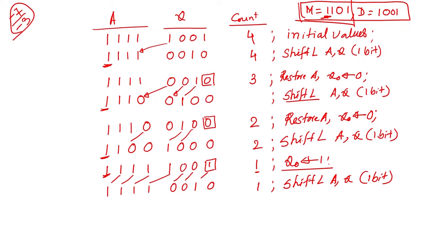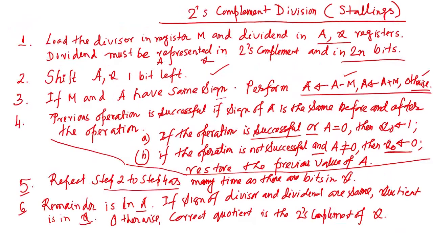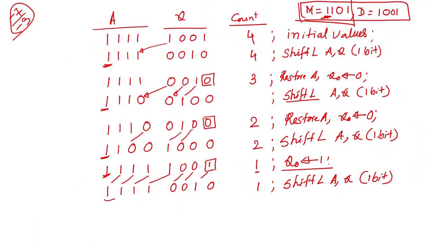Then what next? Shift left, okay, you go back. If A and M have the same sign, then perform subtraction, otherwise add it. This sign and this sign are the same. So, then what you have to do? You have to subtract. Subtracting is the same as taking 2's complement, you add it. So, 0 0 1 1 you add it, 1 1 0 1 1 1 1 1 0 1 1 0.